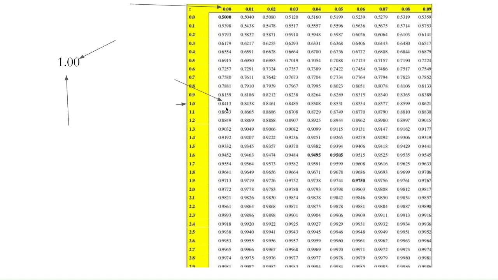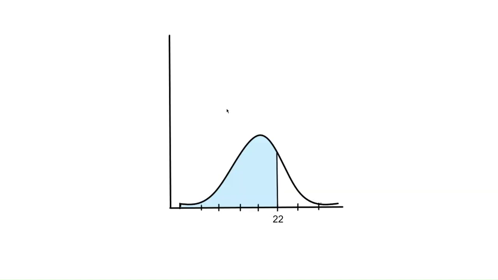So what can we actually do with 0.8413? Let's bring it to this place right here. We found out that the area of this is 0.8413. You might be asking, what can I do with that area? We can find the probability of values occurring below 22 in this normal distribution.